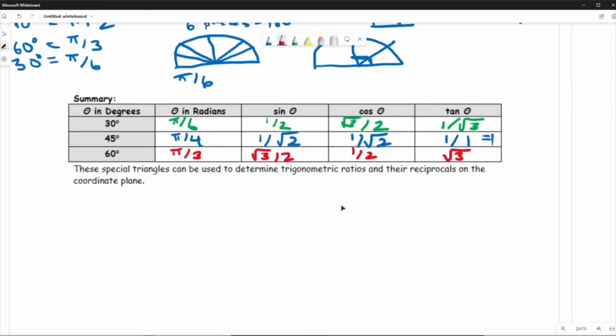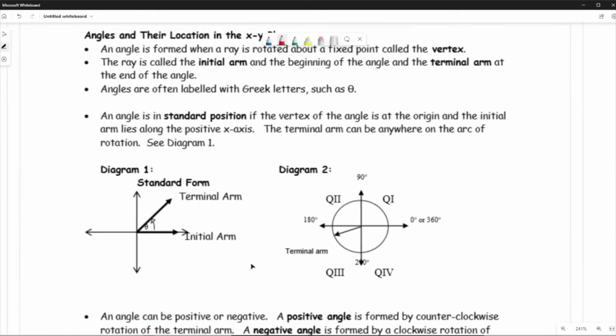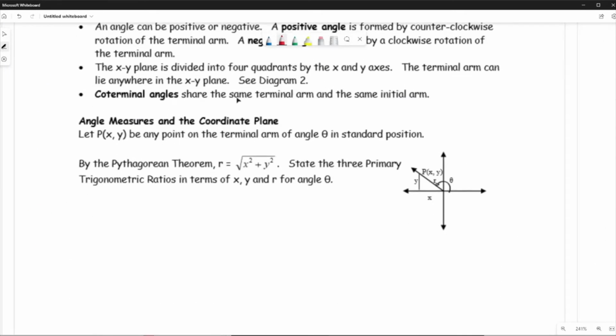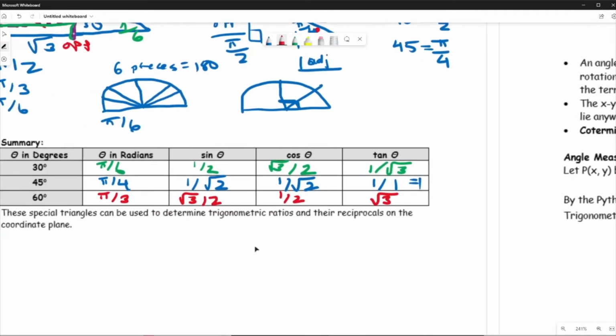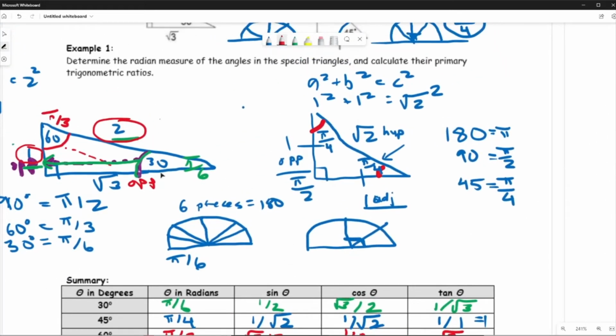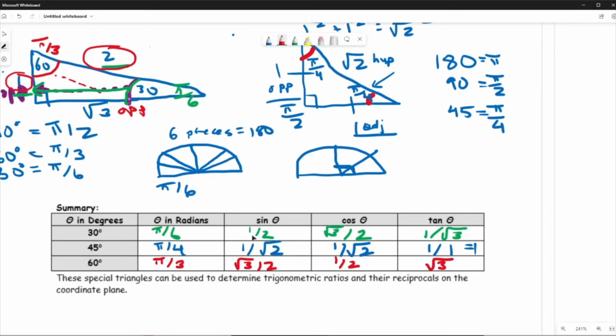Okay, so page 2 is here. To wrap this up, all of these ratios are ones you should be able to verify by yourself. You should be able to create these triangles and then get their ratios. Now, you may eventually memorize these because we use them a fair bit, which is good.